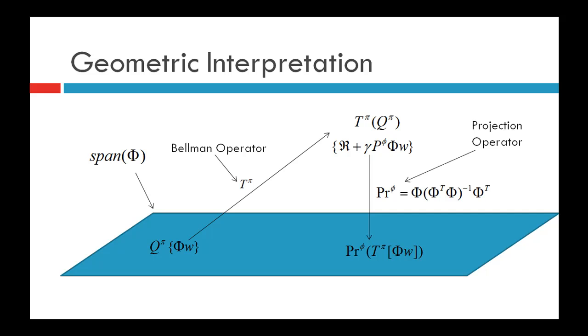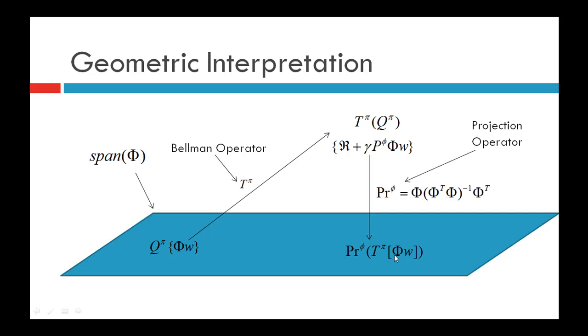And the projection matrix brings this vector back onto the span of the matrix phi. So Pr phi, which is defined as phi times phi transpose phi inverse phi transpose, when pre-multiplied with this T pi of q pi, brings this vector back onto this hyperplane.